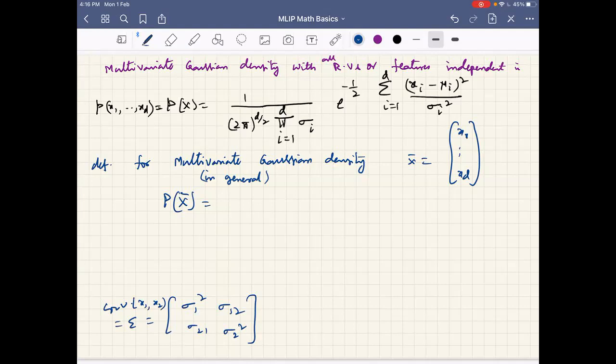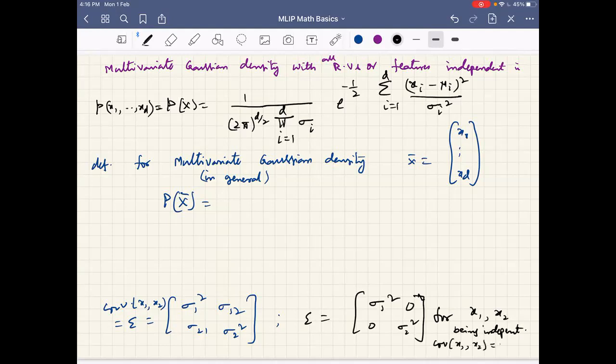When we have two dimensions, this is the covariance matrix. We have also seen that when the features are independent, sigma simplifies to sigma 1 square 0 0 sigma 2 square, for x1 comma x2 being independent, or covariance of x1 comma x2 equal to 0.